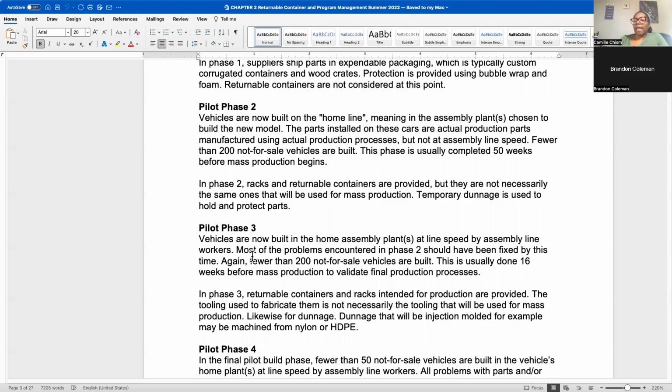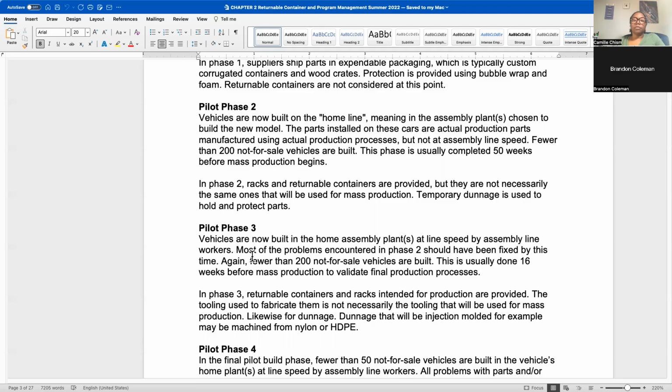Again, some of the packaging is going to require tooling. So let's say you have an injection molded tote or some injection molded dunnage, for example. You have to keep that in mind, because the timing is the same for any injection molded part. It doesn't matter if it's packaging or an actual automotive part.